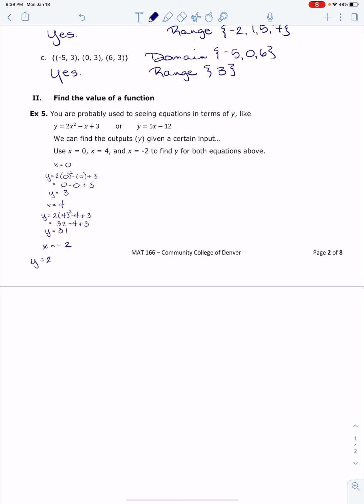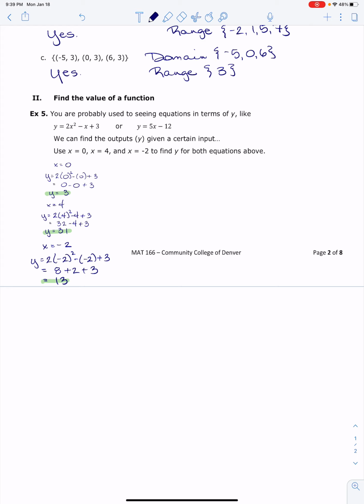I get y equals 2 times -2 squared minus -2. I'm going to be very careful about my signs there. -2 squared is 4. Times 2 is 8, minus a -2 is plus 2 plus 3. I get y equals 13. Let me make sure those stand out.